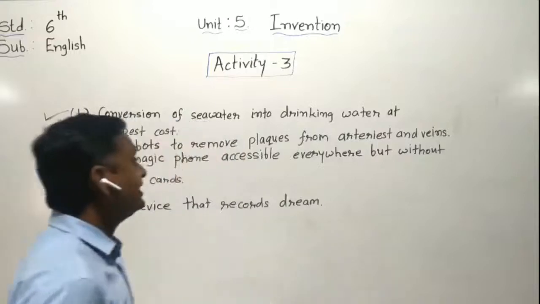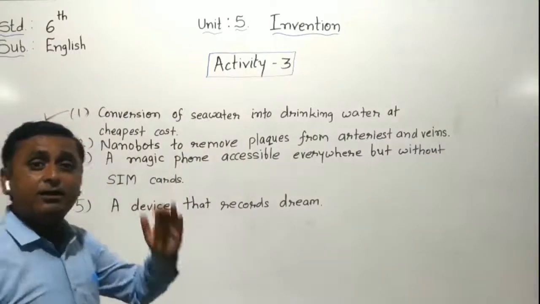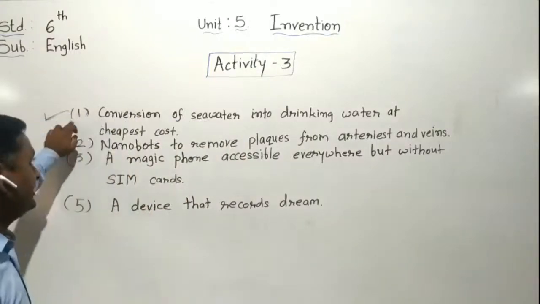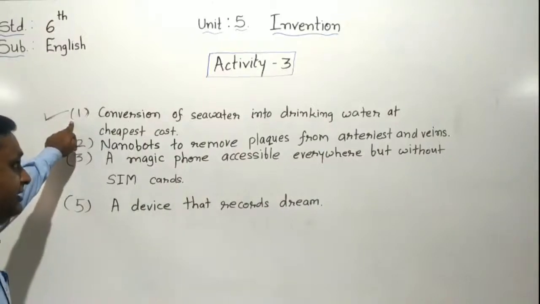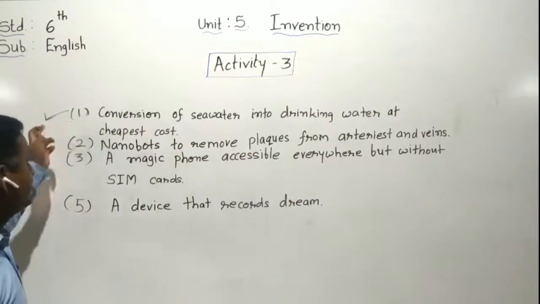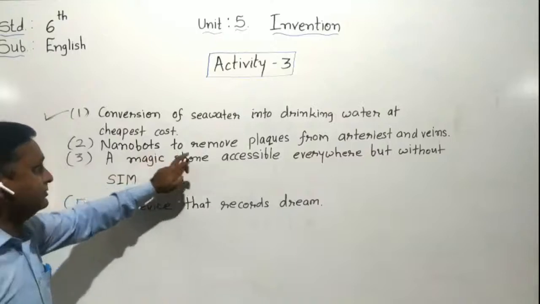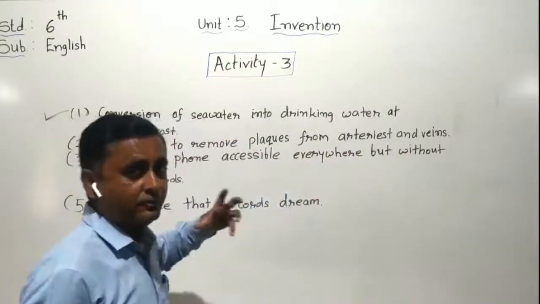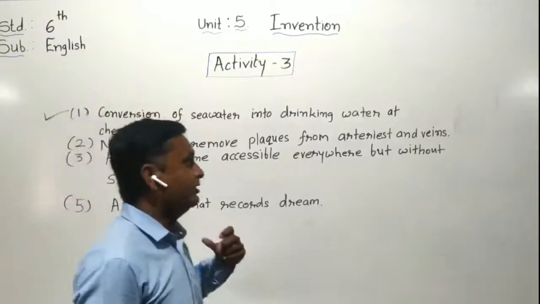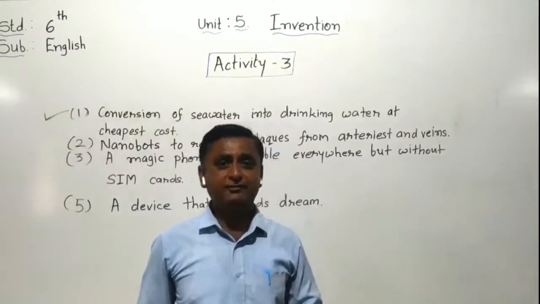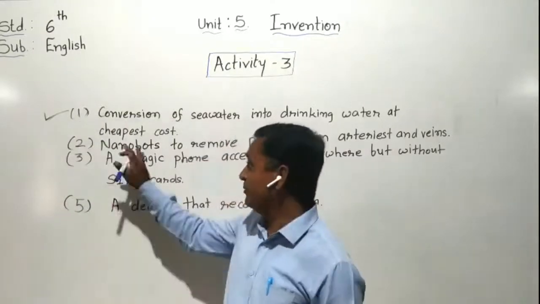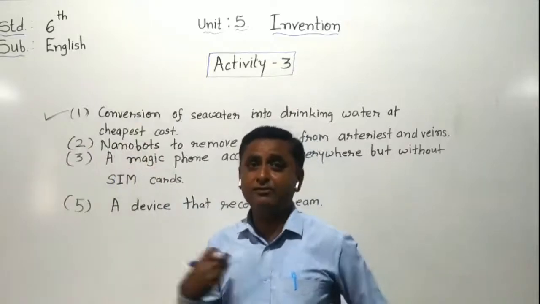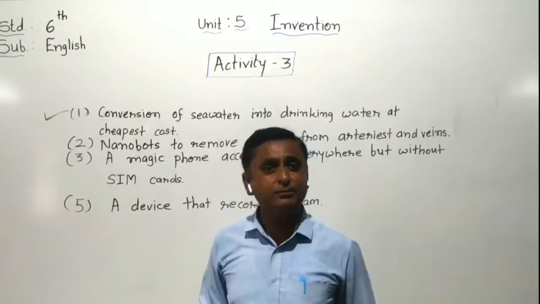It's a second problem added from others' lists. First you write conversion of seawater into drinking water at cheapest cost. Second you write nanobots to remove plaque from arteries and veins. The main problem is that if your arteries and veins are blocked, then we have to open them. So we require nanobots to open our veins whenever they are blocked.